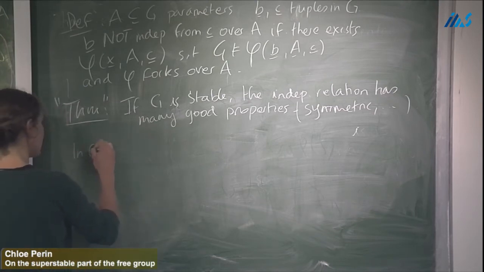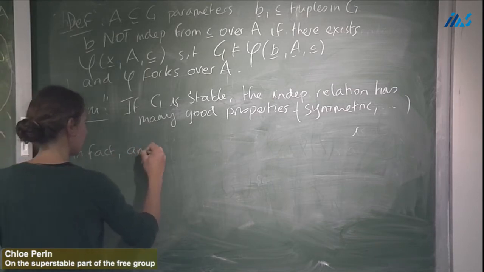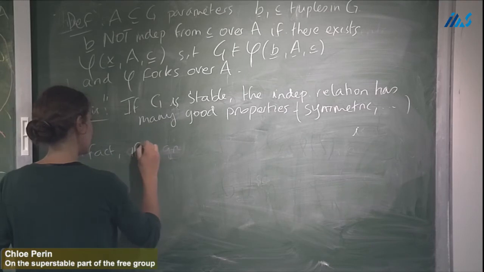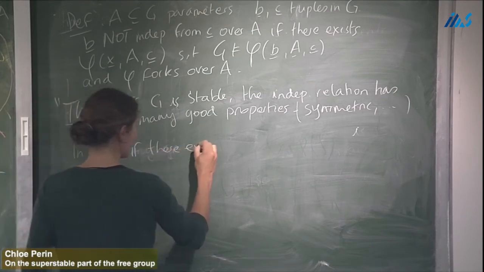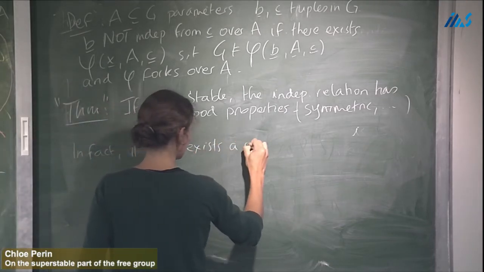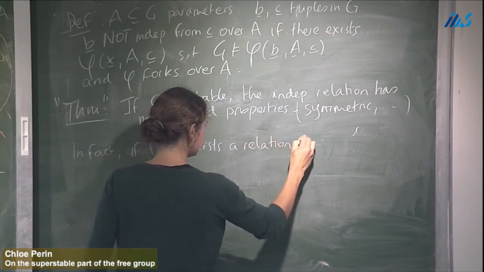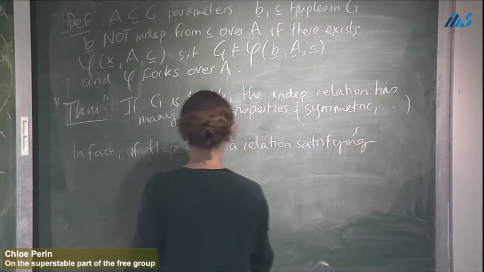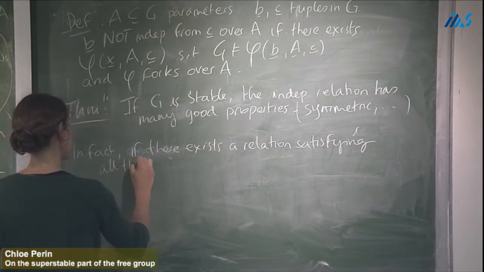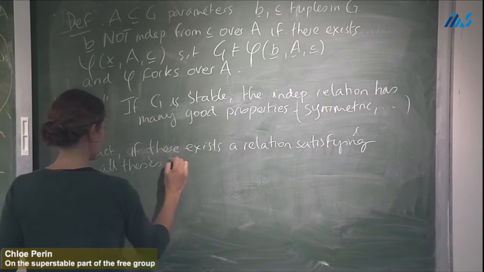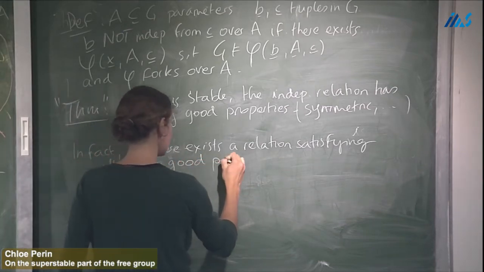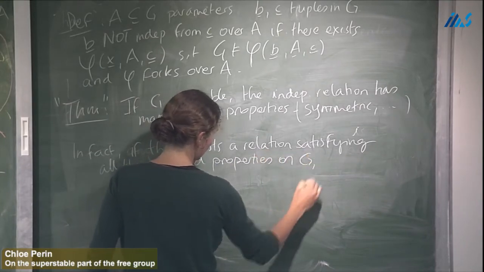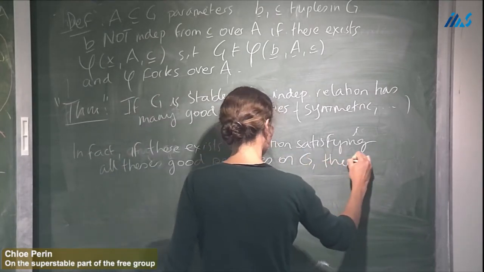So in fact, if there exists a relation satisfying all these good properties, then G is stable.